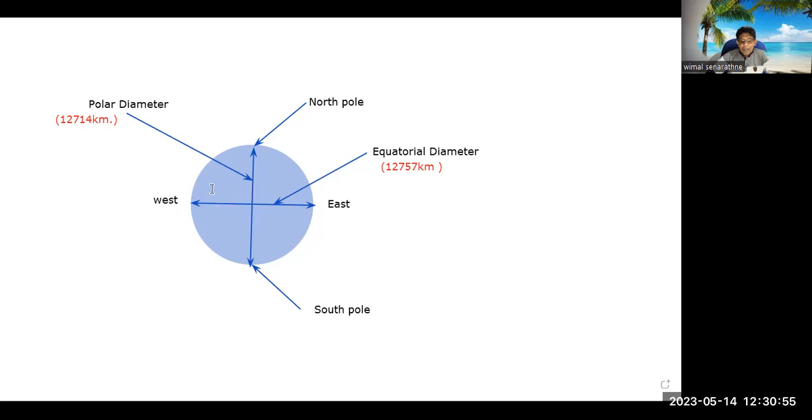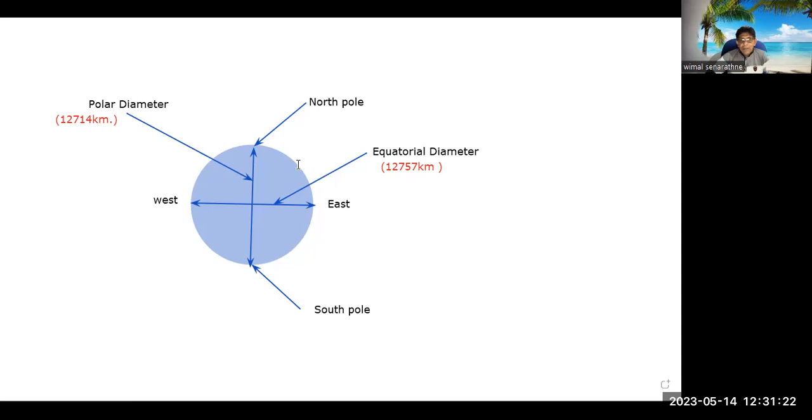That means the earth is not a 100% round shape object. It is not a full sphere. It is not a mathematical globe, right? That is a very important thing you must remember.